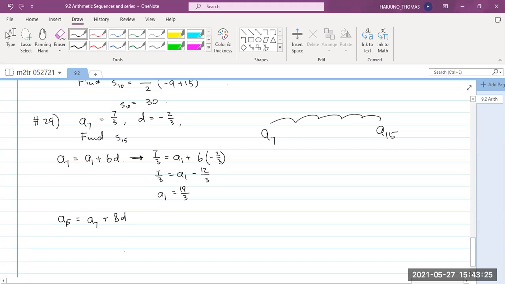The reason I do this is that I already have the 7th term, which is 7/3, and I already have the common difference. So the sum of the first 15 terms will be 15/2, the first term 19/3, the 15th term is -9/3. So that's 150/6. That's 25.